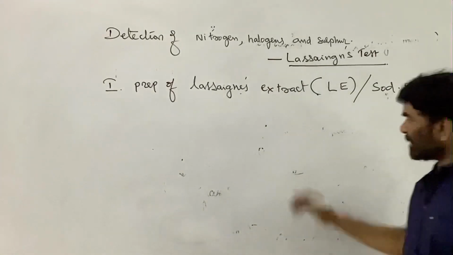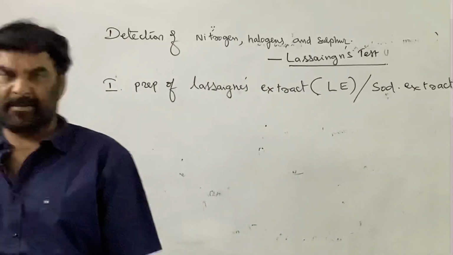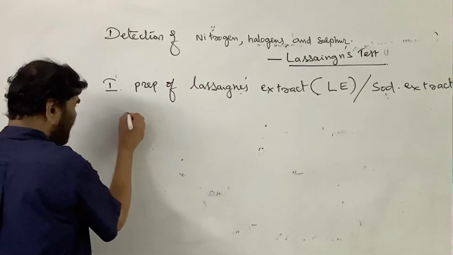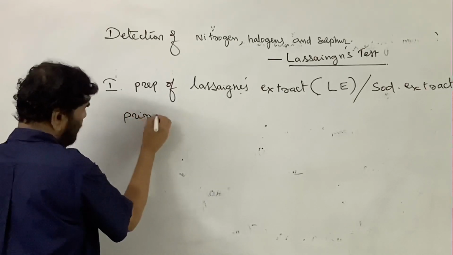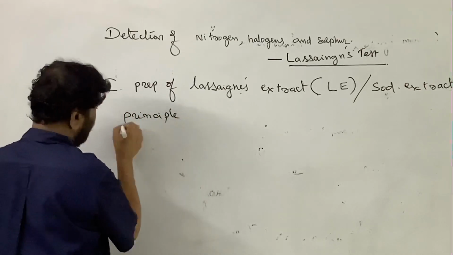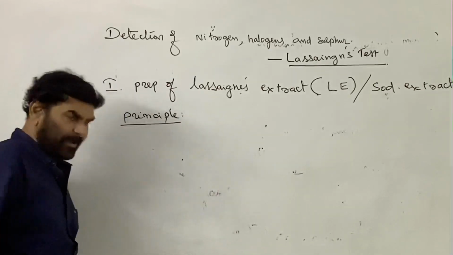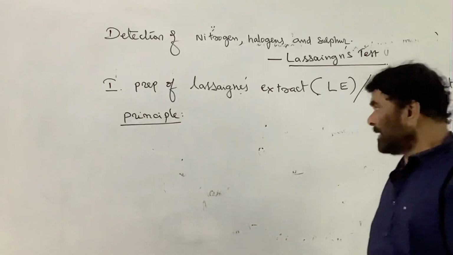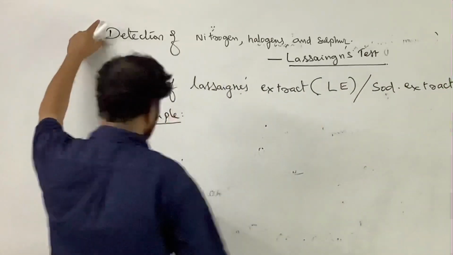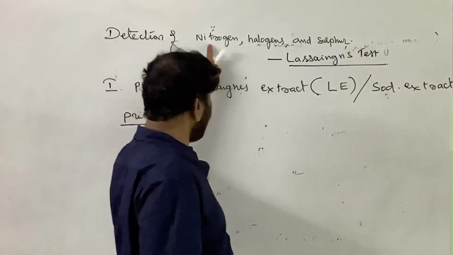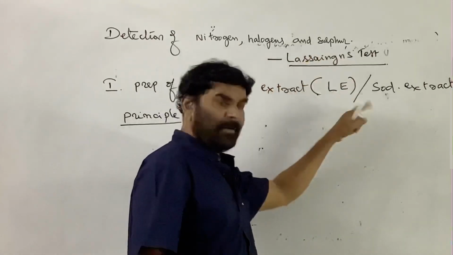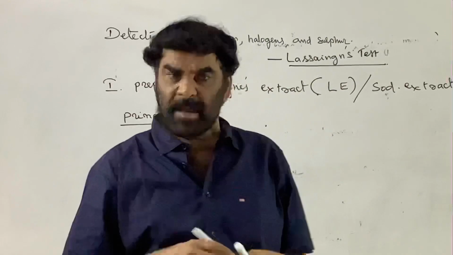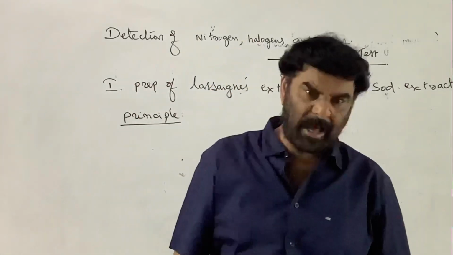What is the principle involved in this test? The given organic compound contains nitrogen, halogen and sulfur, and maybe phosphorus and oxygen may be present, but they are covalently bonded to the carbon atom.